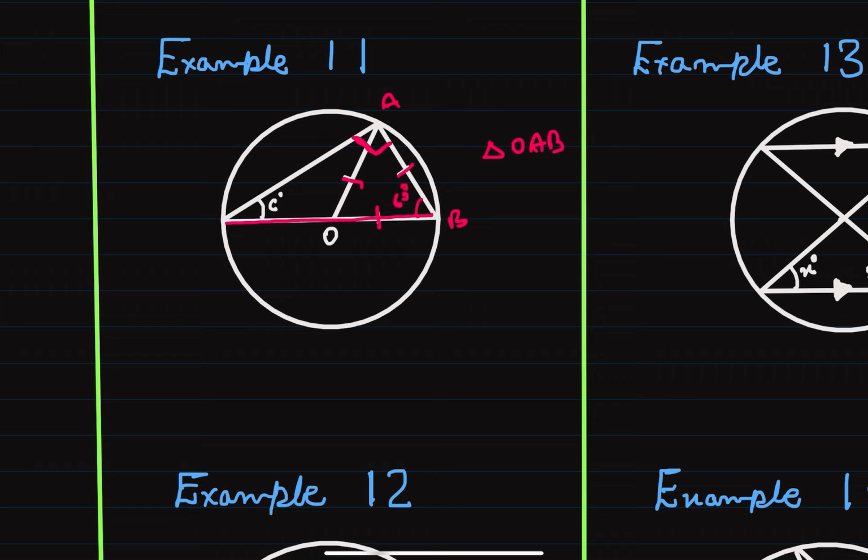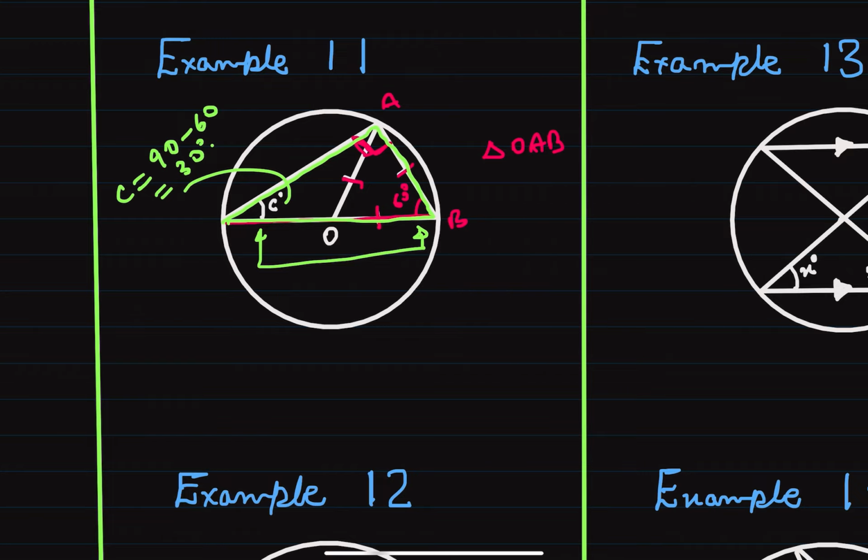That means this angle should equal 60. So if this is 90, this is 60, that means this is a right angle triangle in which these two angles are complementary. So this C should equal 90 minus 60, which is 30.